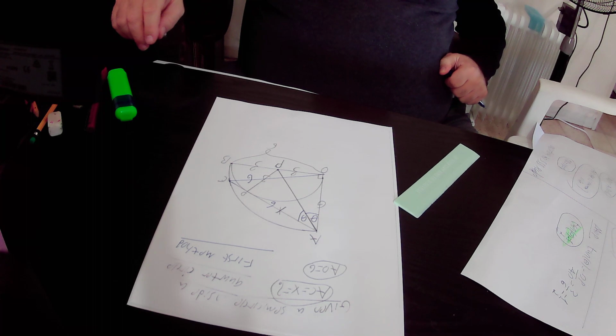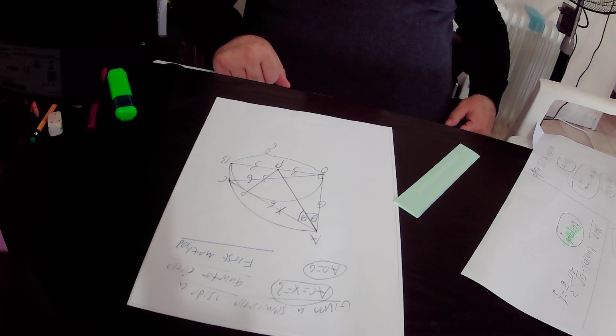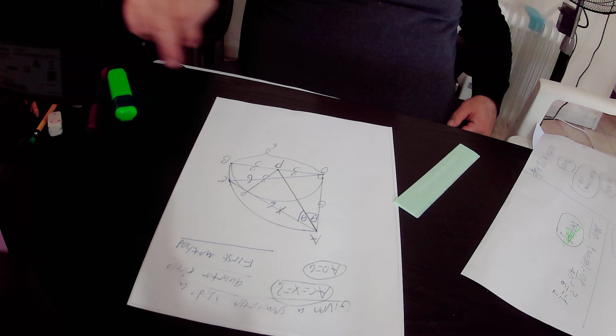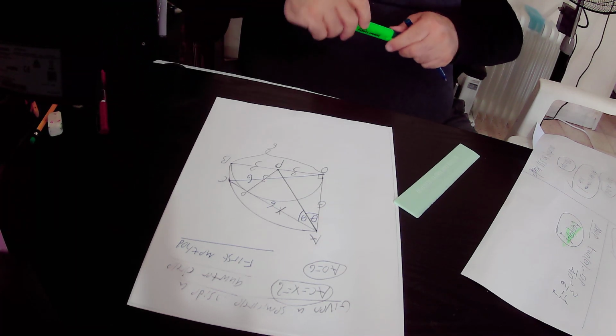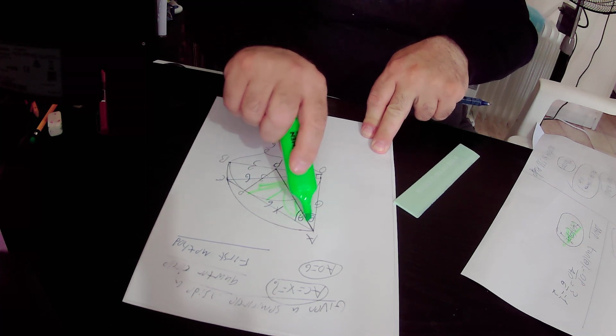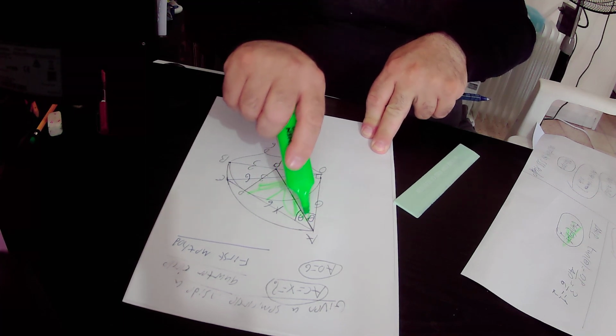In the next step, we will implement the law of cosines in triangle AOC. In the green triangle, triangle AOC.